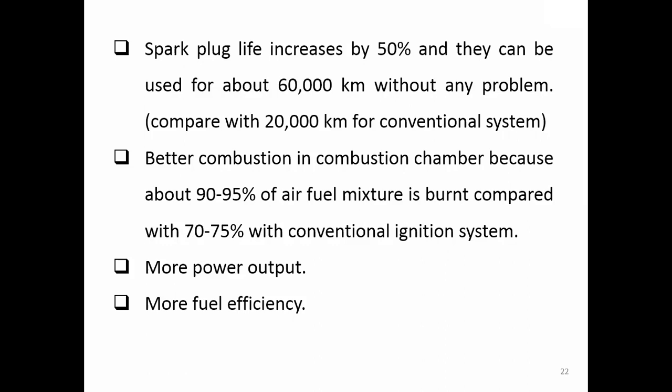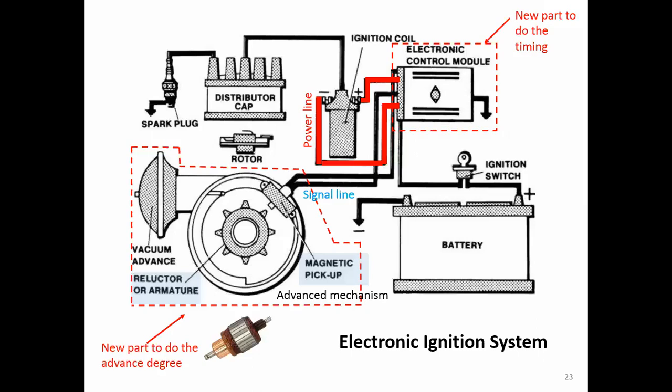So it means we can have more power output from the engine, and we also have more fuel efficiency with this electronic ignition system. Okay, so this is the picture of the electronic ignition system.